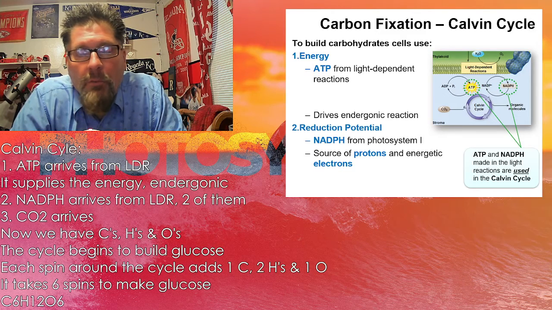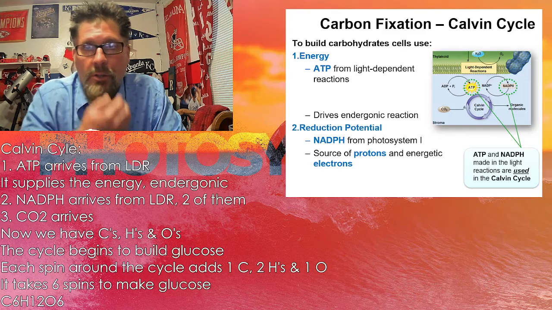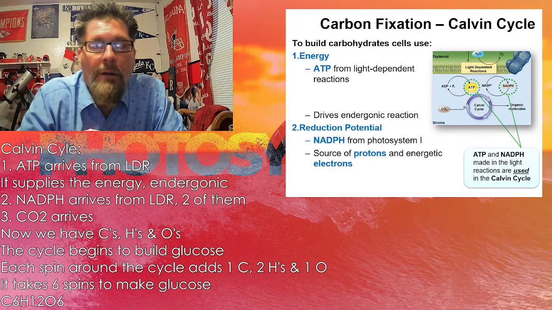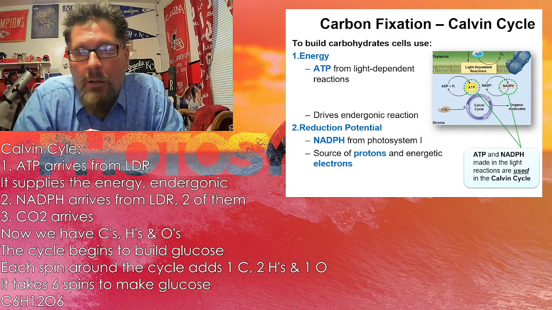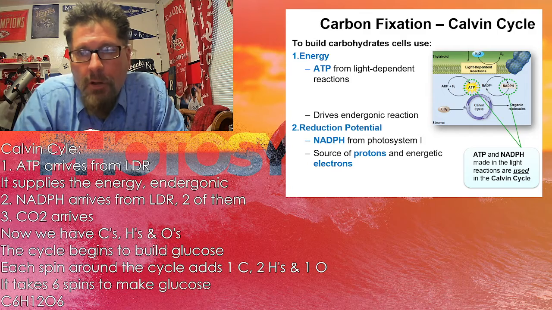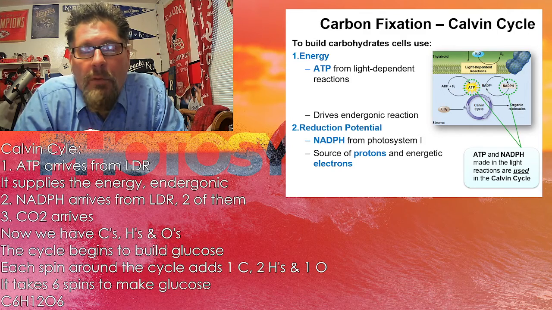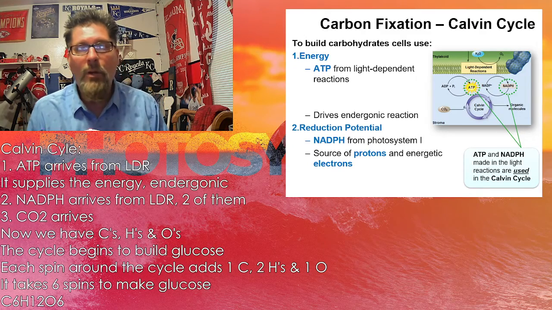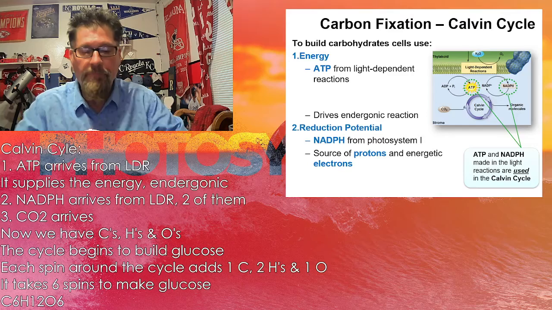So we've mentioned previously that the Calvin cycle, similar to the Krebs cycle, is a cycle where enzyme to enzyme does its particular little job as part of the process. But things we want to point out are where the C's are added, where the oxygens are added, where the hydrogens are added.